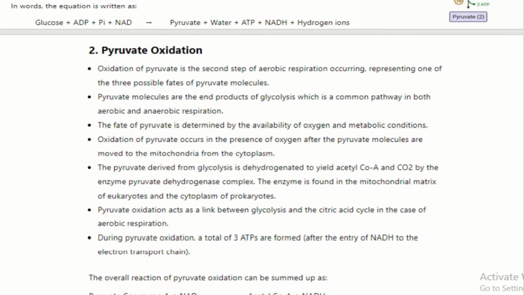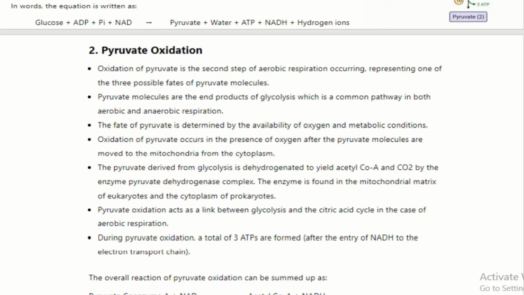The pyruvate derived from glycolysis is dehydrogenated to yield acetyl coenzyme A and carbon dioxide by the enzyme pyruvate dehydrogenase complex. The enzyme is found in the mitochondrial matrix of eukaryotes and the cytoplasm of prokaryotes. Pyruvate oxidation acts as a link between glycolysis and the citric acid cycle in the case of aerobic respiration.